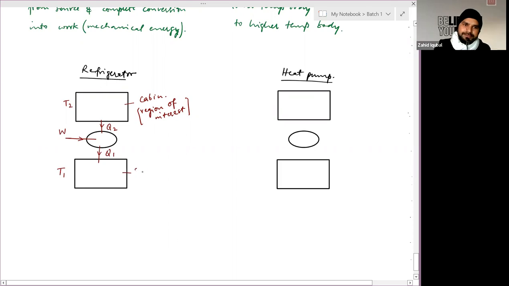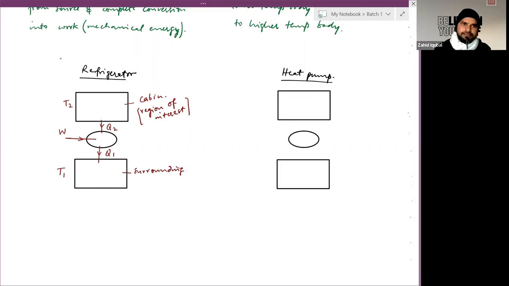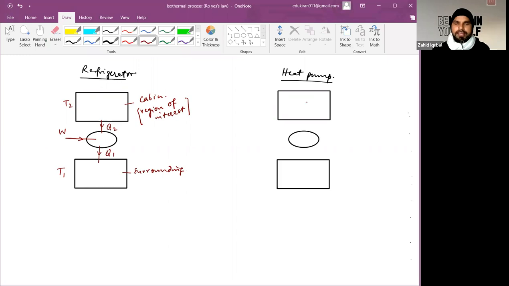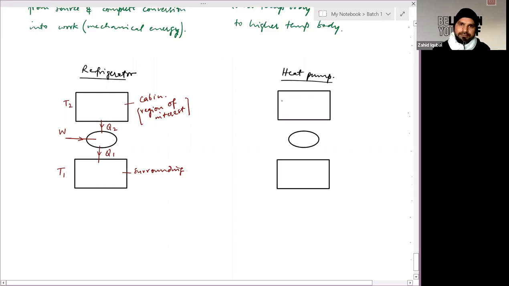So this is the surrounding in this case. Similarly, in case of a heat pump, this is the surrounding. It absorbs Q2 amount of heat from lower temperature, that is from the cold surrounding in winter season.